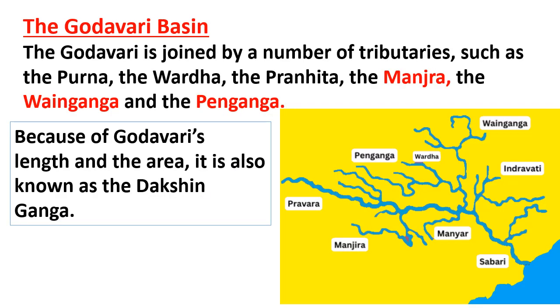The Godavari is joined by a number of tributaries such as the Purna, Wardha, the Pranhita, the Manjra, the Wainganga, and the Penganga. Because of Godavari's length and area, it is also known as the Dakshin Ganga.